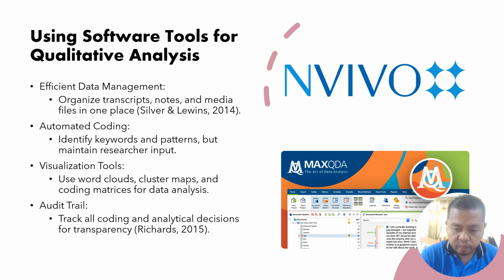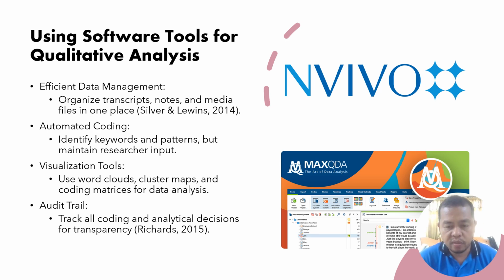So you can either use the traditional way, which is for me more reliable, because you are the one immersed in the data, or you can use the software tools for qualitative analysis that are available online at a reasonable price. Like NVivo is around 80,000 pesos.